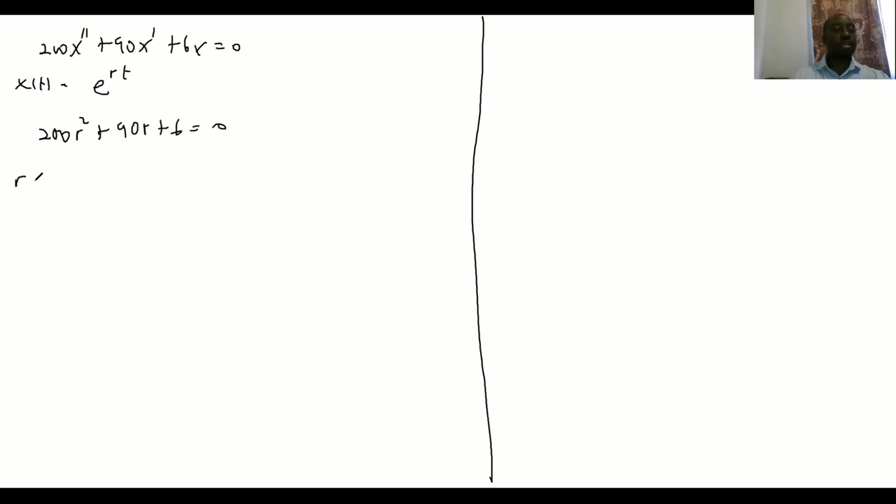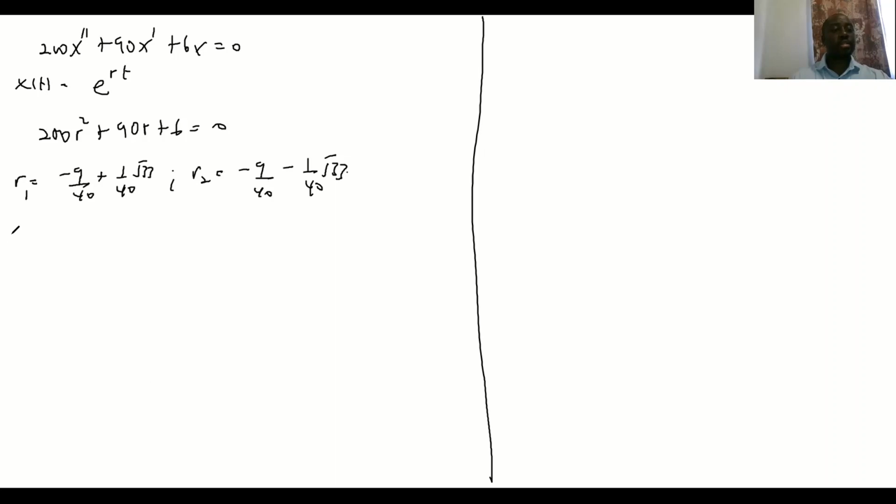If we use the quadratic formula, we come up with the fact that r1 is minus 9 over 40 plus 1 over 40 square root of 33, and r2 is minus 9 over 40 minus 1 over 40 square root of 33.